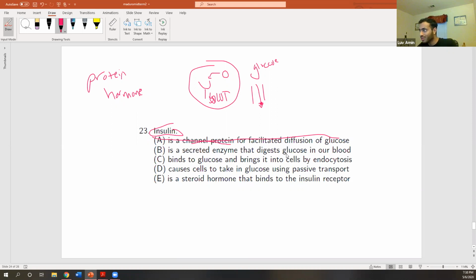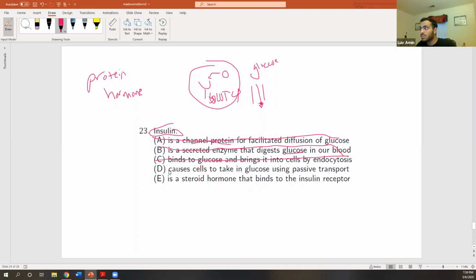And number two, we know that glucose is digested through a series of other enzymes in glycolysis, in our cells, not our blood either. C: binds to glucose and brings it into cells by endocytosis. It doesn't bind to glucose, it binds to a receptor, that allows glucose to come in through a different channel, okay? So this is not the case.